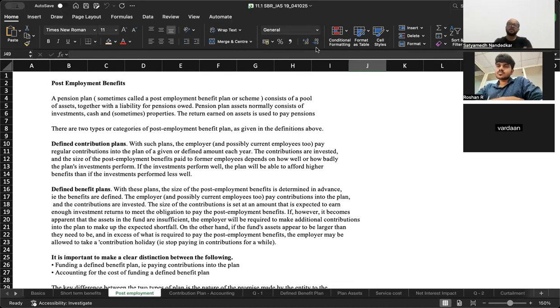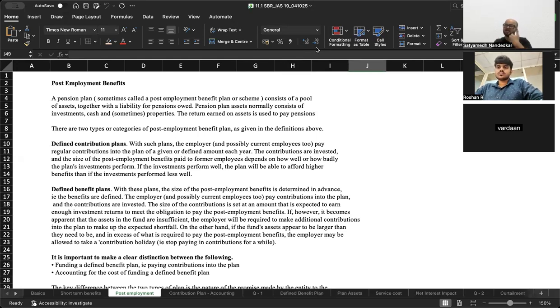Now, post-employment benefits are of two types. Let's understand the idea. Suppose I'm working with a company. The government knows that if left to my own devices, if left to my sweet will, I will probably never get in a position where I actually save some money for my future use.